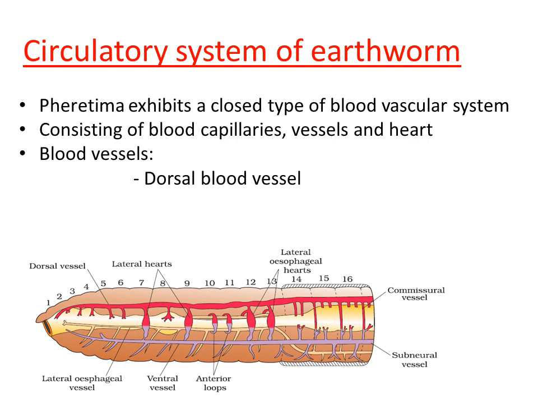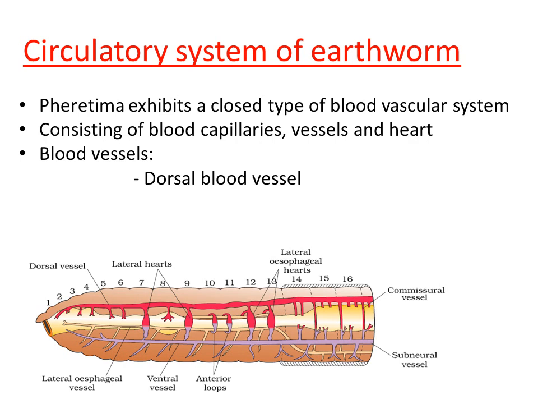Clear? So the dorsal blood vessel always runs from the posterior region to the anterior region, right? So from back to front, the flow of blood takes place in the dorsal blood vessel. Clear, right? Valves are present in the dorsal blood vessel in order to prevent the backflow of blood, right?